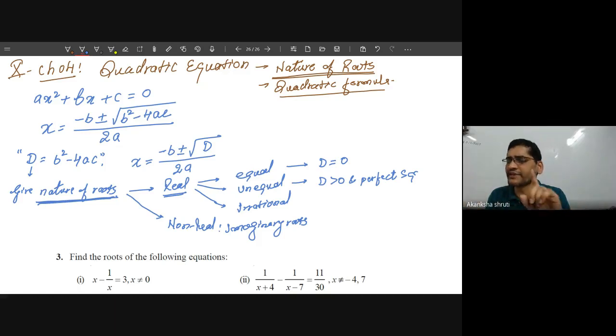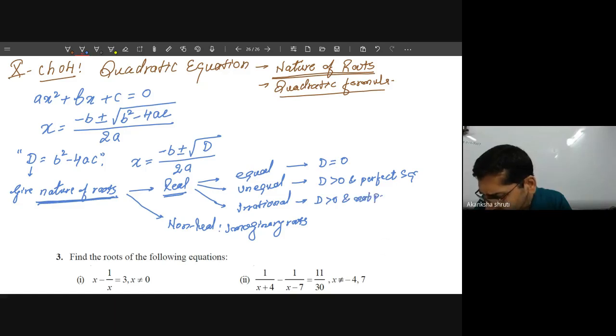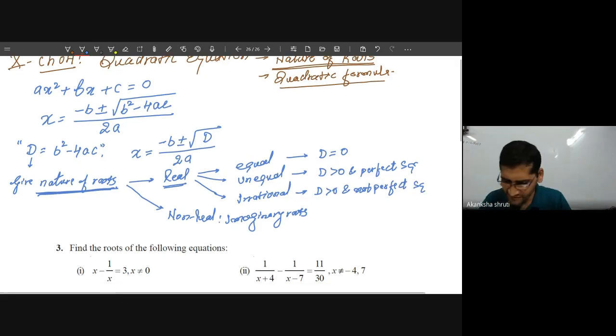Under root of 81 will give us 9. By that way we get rational roots, but they are unequal. The other one is irrational, when D is greater than 0 and not a perfect square. And the roots are imaginary if D is less than 0.